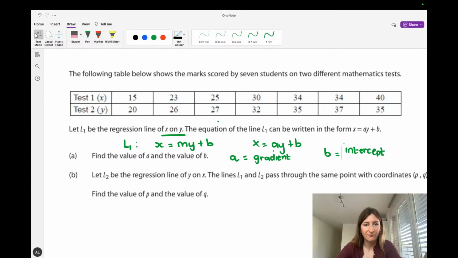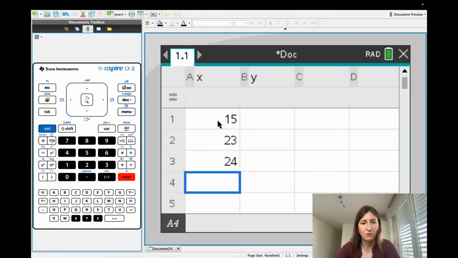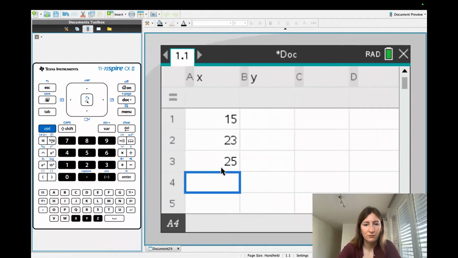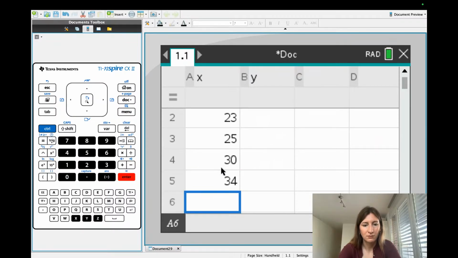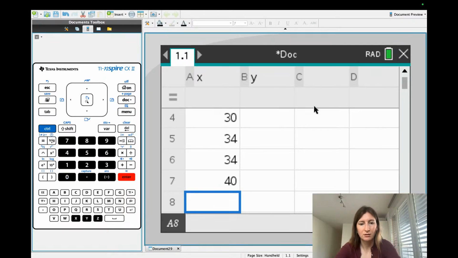So x, we have 15, 23, 24, 25, 30, 34, another 34, and 40.